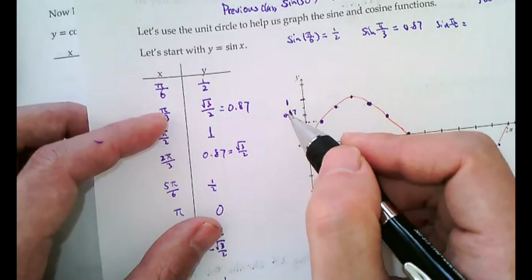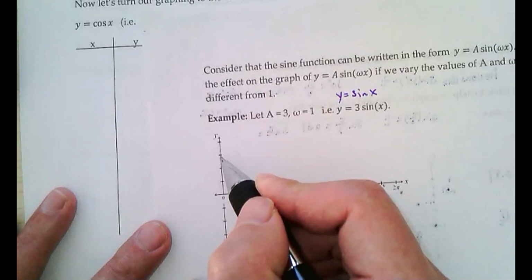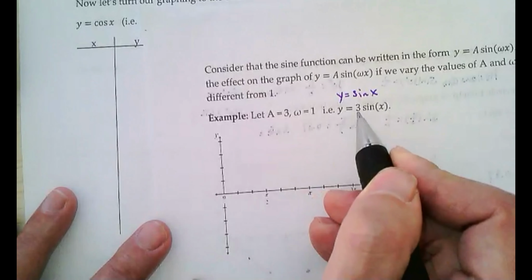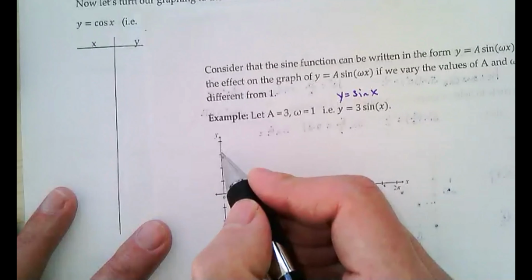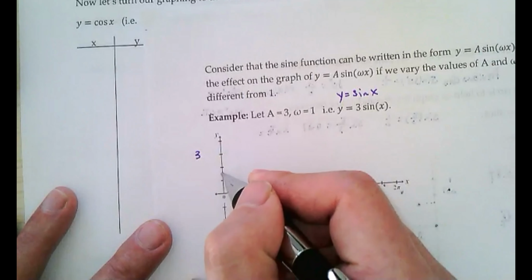Okay. For example, originally here it is 1, okay? Originally here, this point is 1. But every number is got 3 times. So we can just put 3 here. Originally here is 1/2. But now it's 3/2. Okay. We can still use the same graph as we did before.